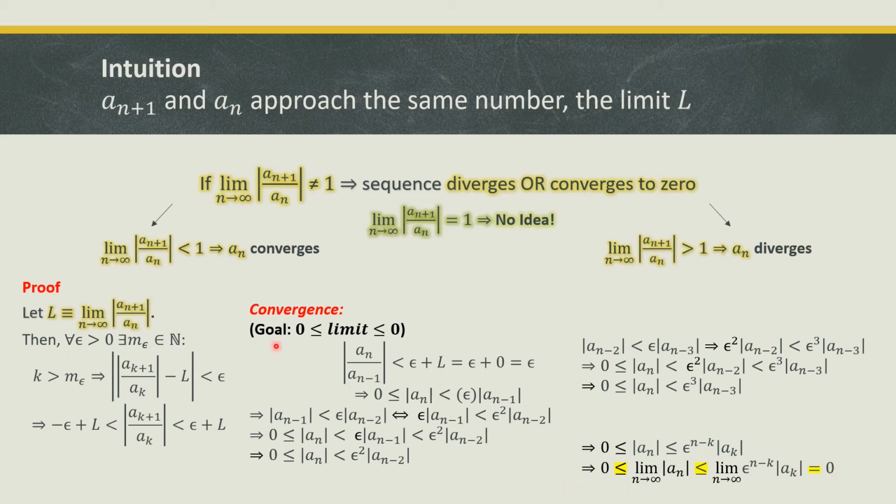And now we are in the form that we intended to be. We have 0 and 0, and sandwiched is the limit we're looking for, and therefore this limit is equal to 0. And because we have shown that this limit is equal to 0, what that means is that our guess that L equals 0 is correct. L equals 0 means the series or the sequence converges.